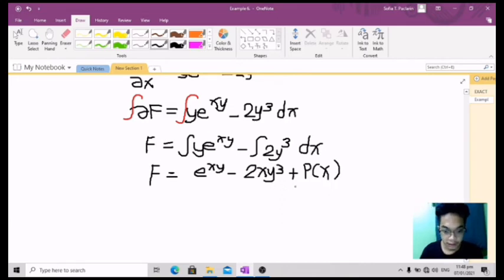So we need to differentiate this equation with respect to y.